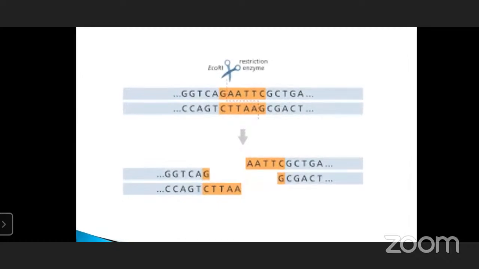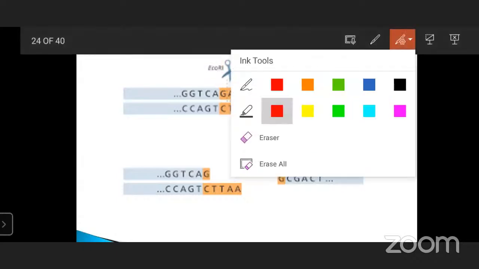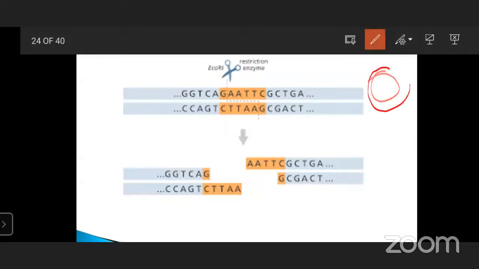When we observe this diagram, it is the EcoRI restriction endonuclease which cuts the foreign DNA, not host DNA, at a specific unique site, and the same enzyme is used to cut the plasmid, with the same recognition sequence.